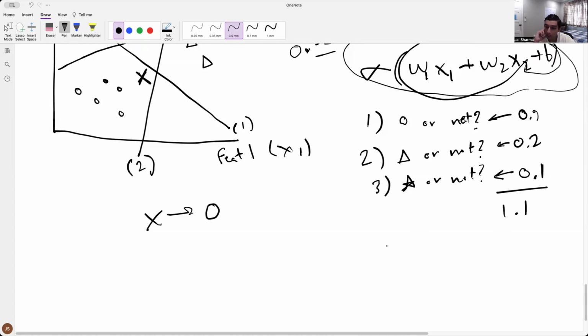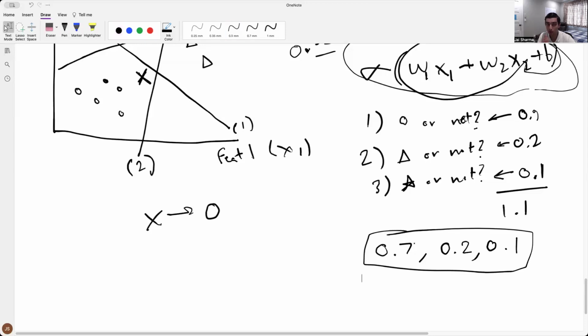One thing maybe we'd like to do is say, oh, it's a 70% chance that it's a circle, maybe 20% chance that it is a triangle, and then maybe a 10% chance that it's a star, right? And then that these things add up to 1. And that would give us a good representation, or a good explainability, for what our model is outputting.